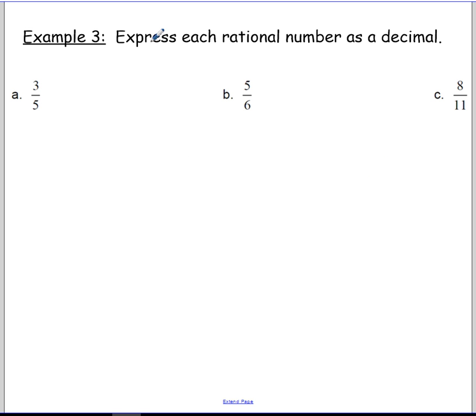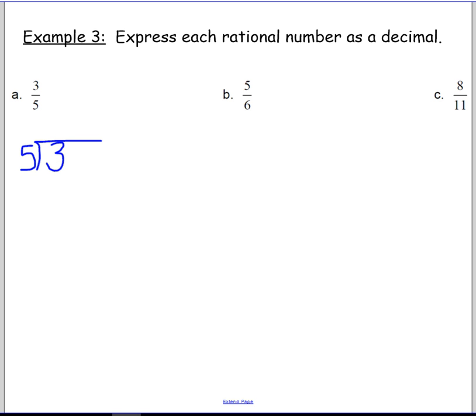Here it asks us to express each rational number as a decimal. And so we want to see what decimal is equivalent to 3/5. Well, as a fraction, remember the bottom tells you how many make up a whole. And so I was taught "down and out" because the only way we can get this into a decimal is to divide. So down goes the number 5, and out goes on the outside of the long division bar, and then the 3 would go on the inside.